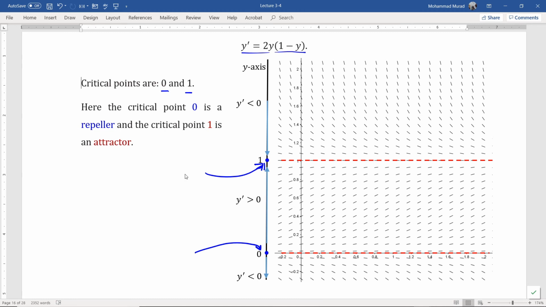And by the previous discussion, the critical point 0 is a repeller because the arrowheads from either side of the point 0 are in the opposite direction. And the critical point 1 is an attractor, for the reason we described previously.